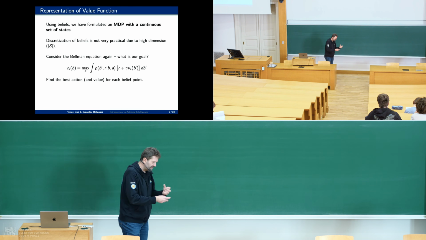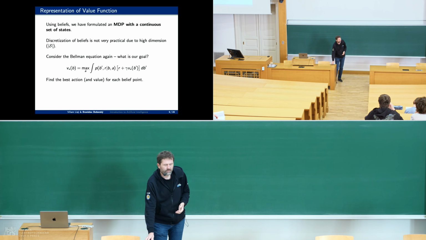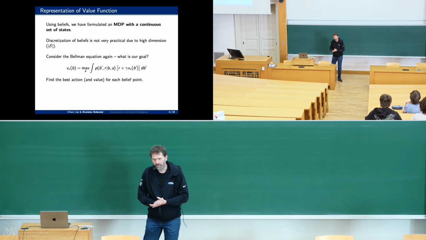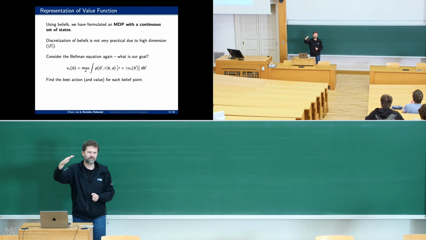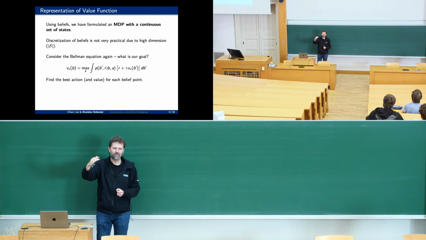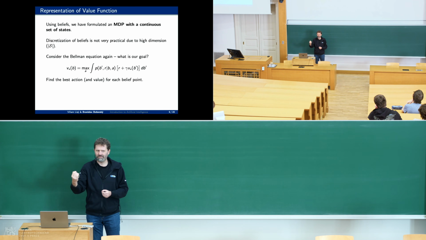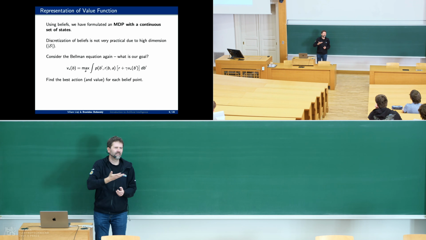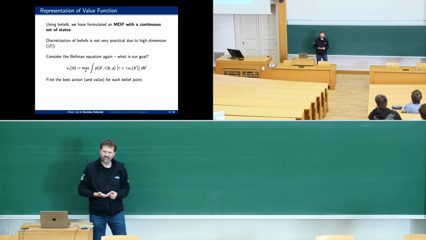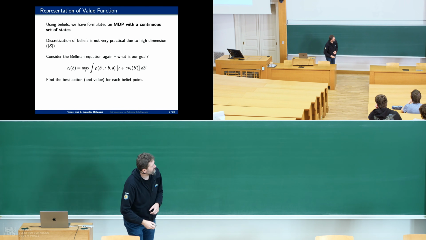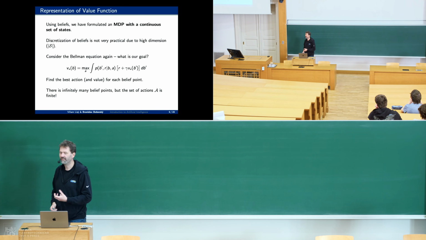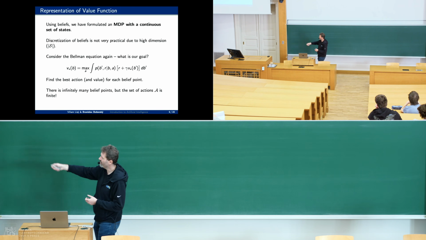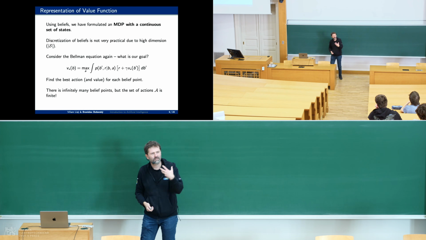We cannot really, or it's not really practical to, discretize the belief space, but we know that for each belief point we are looking for some best action. And that action can be very good for many belief points, basically for some set of belief points. And this is what we will use. The fact that we have finitely many actions, we can use it.